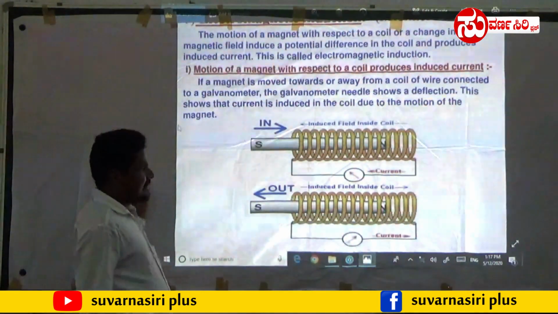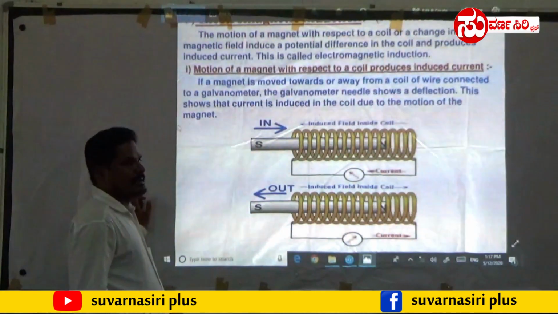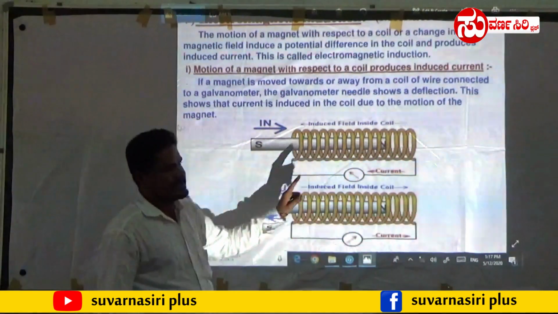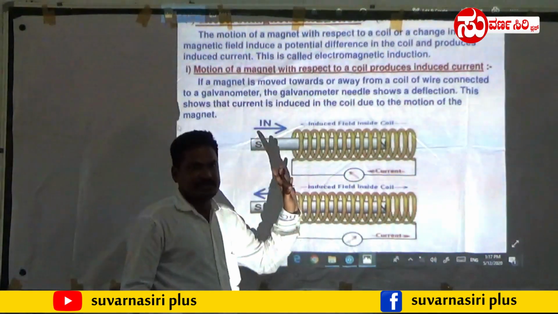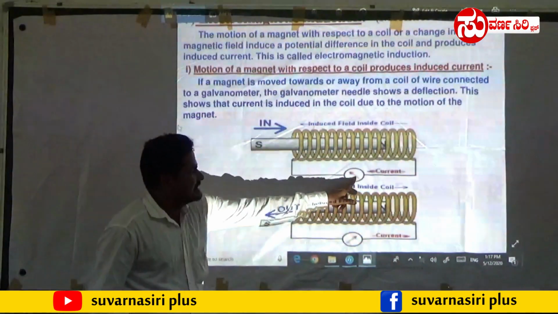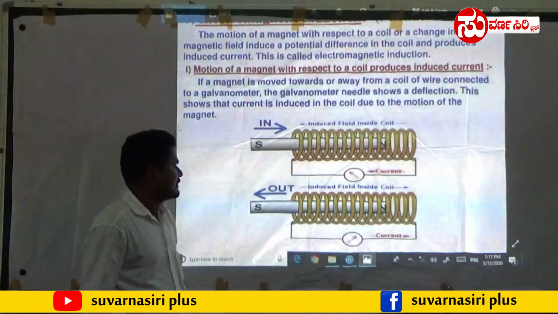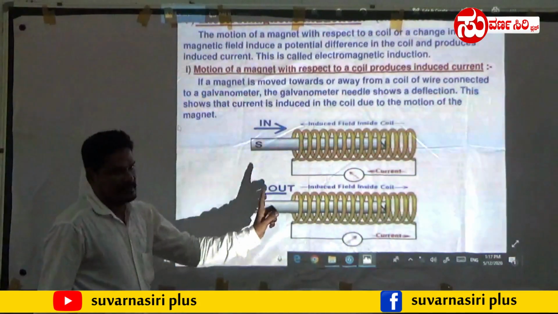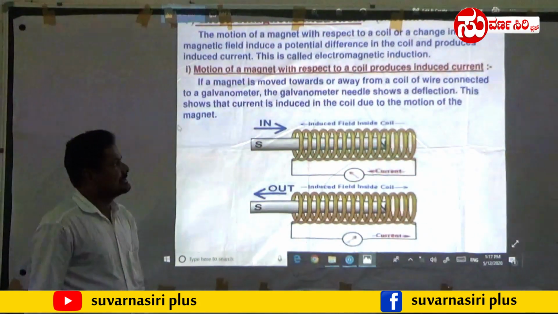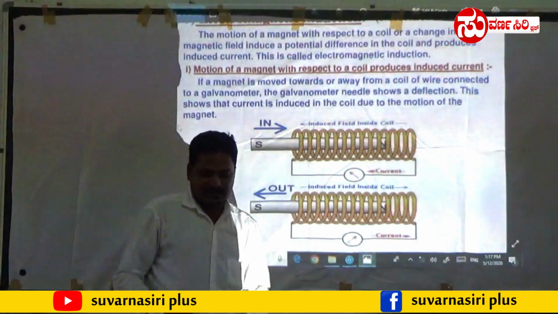The current was shown again, but this time the deflection was on the opposite side. So the deflection when removing the magnet is different from the first. We should learn this phenomenon.